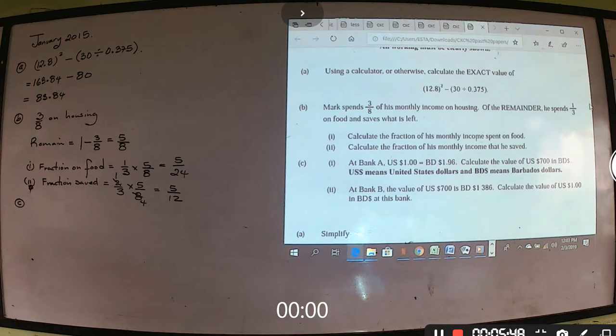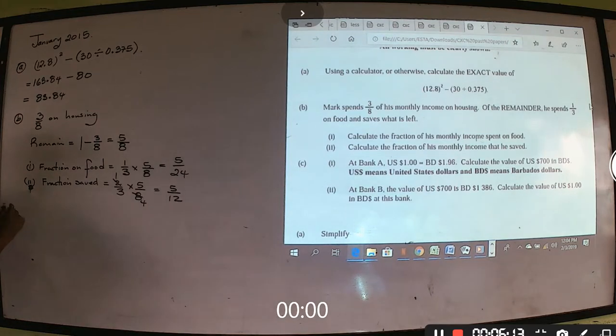Alright. Part C. At bank A, US $1 is equivalent to Barbados $1.96. Calculate the value of US $700 in Barbados dollars. US means United States dollars, BDS means Barbados dollars. This is how I would do this.